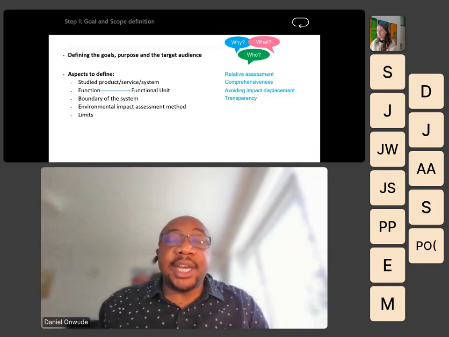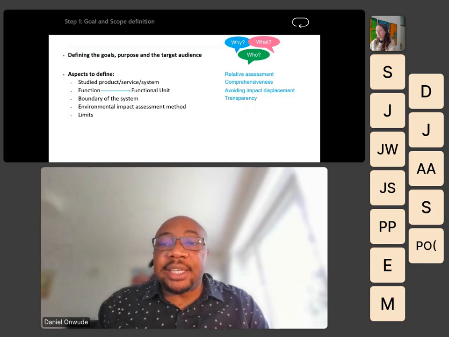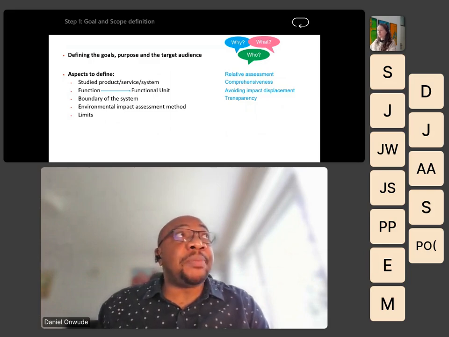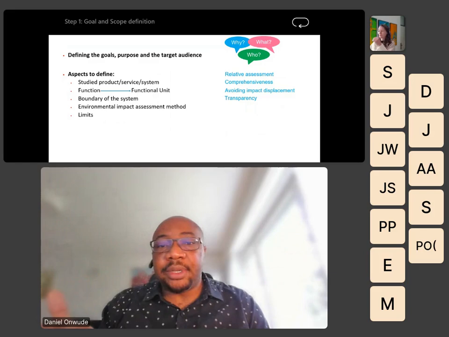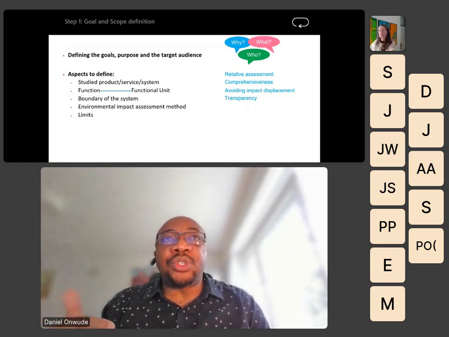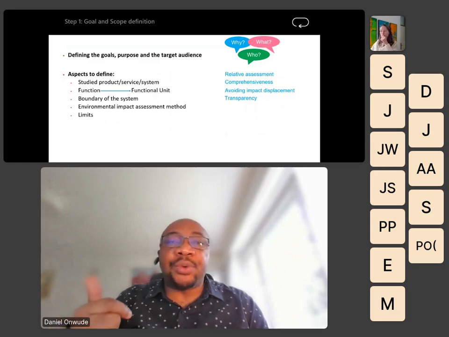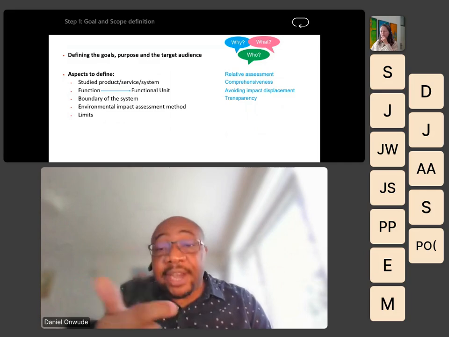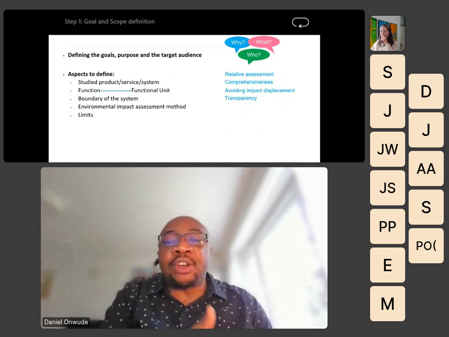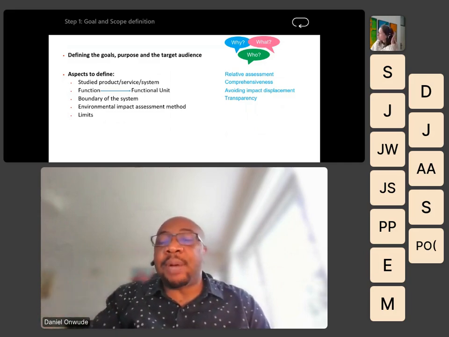And then we have the functional unit, which basically gives us a fair basis for comparison. So, for example, you could say, okay, you want to investigate or quantify rather, the environmental impact of consuming 1 kilogram of apple, right?